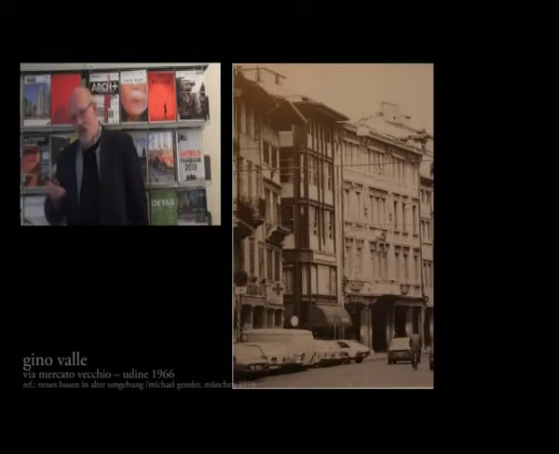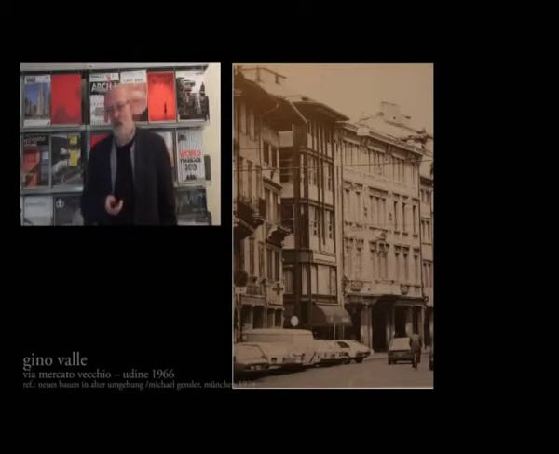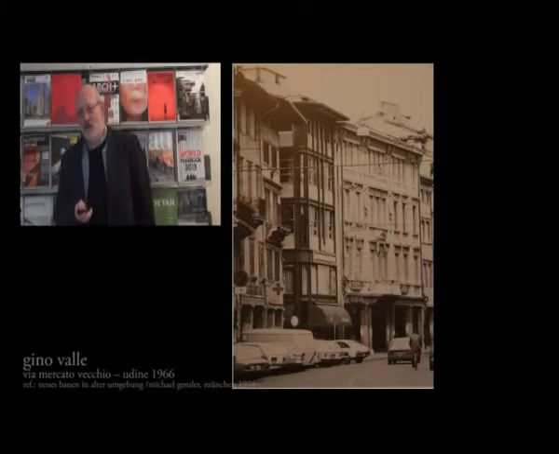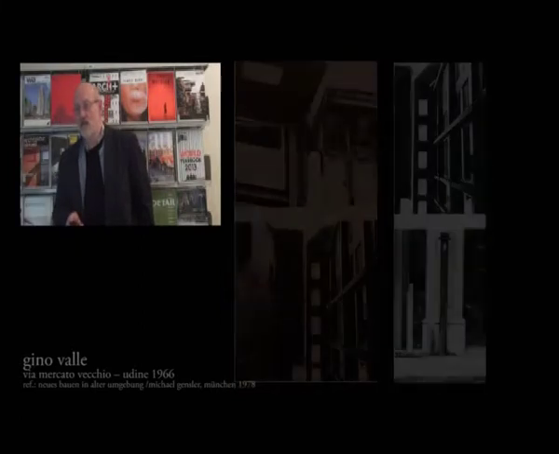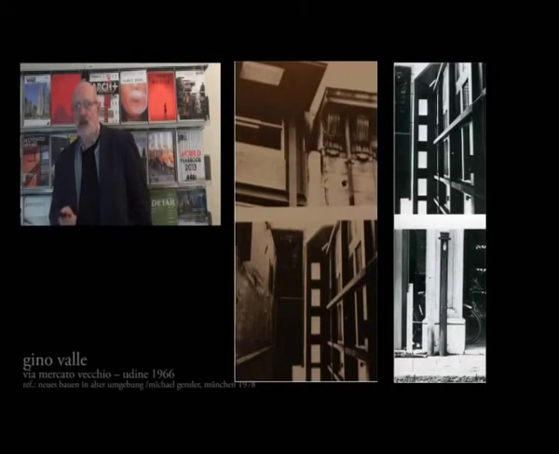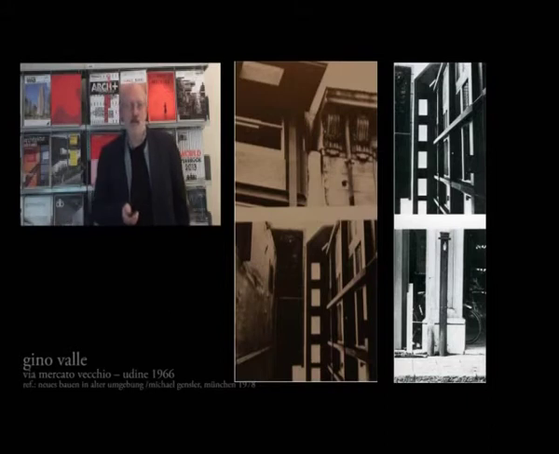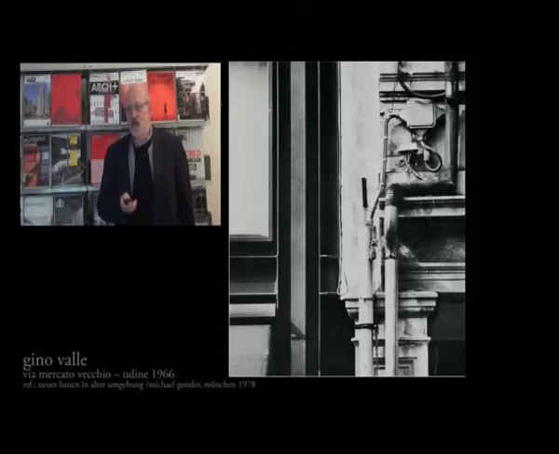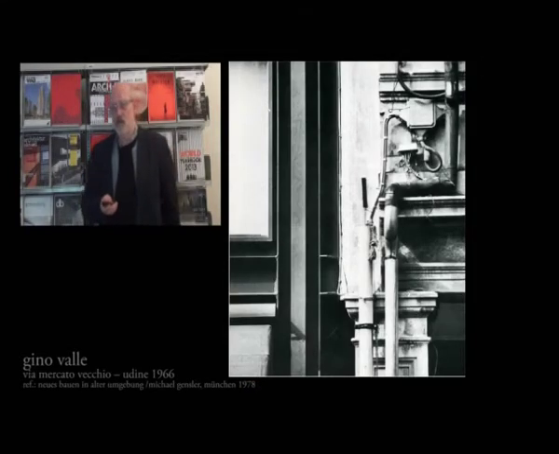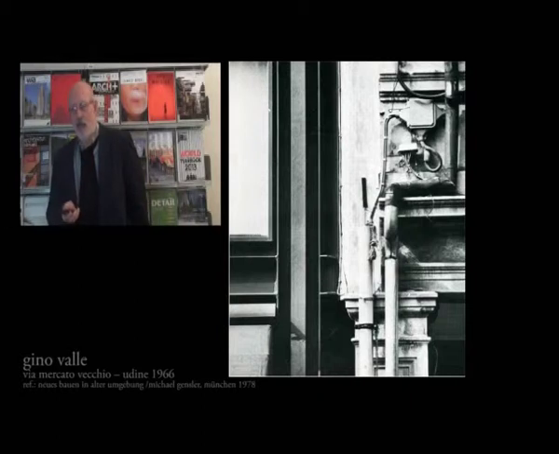It's in the main place at Udine, via Mercato Vecchio, a house with steel frames, steel elements, and you can see it's just beside the old houses of traditional solid building materials, and they correspond very well.